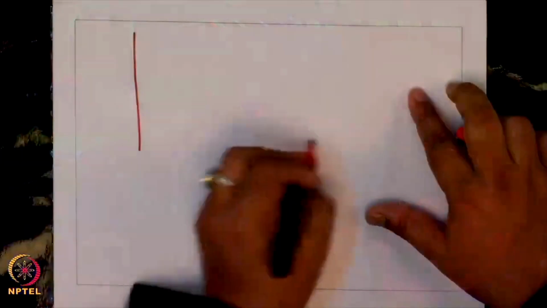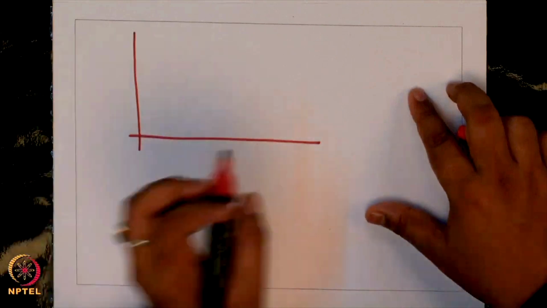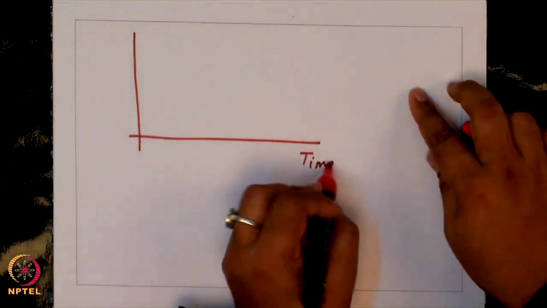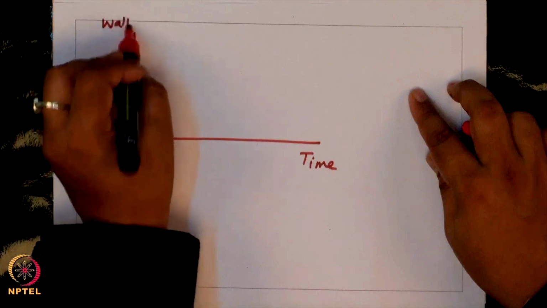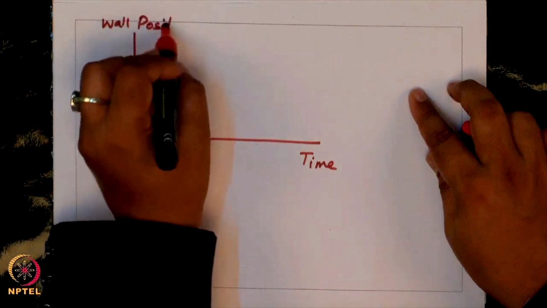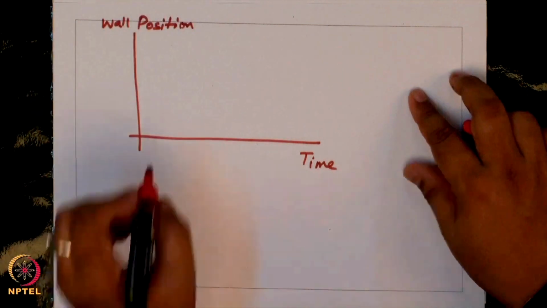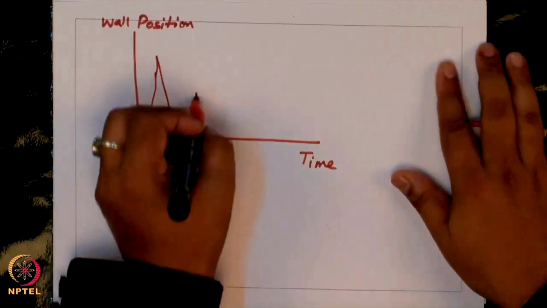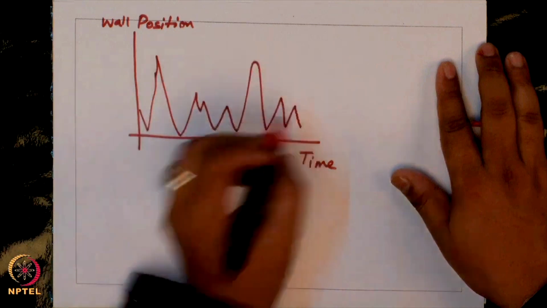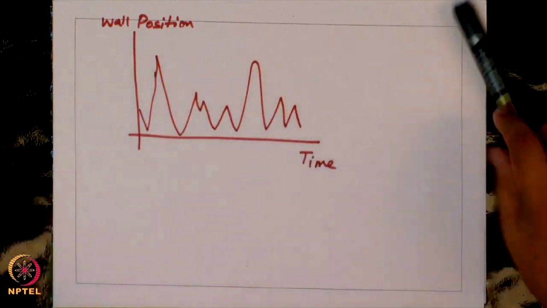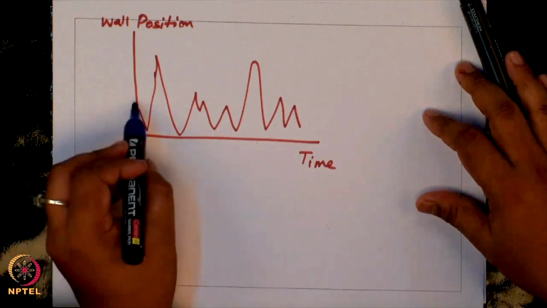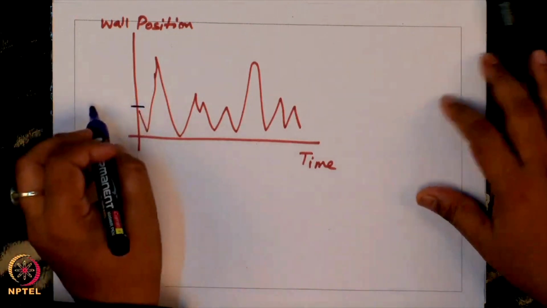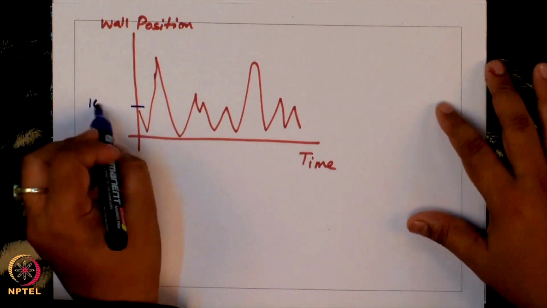To understand that, if you plot the position of the wall as a function of time, you will see these wide fluctuations, and let us assume that this length is equal to 10 delta.